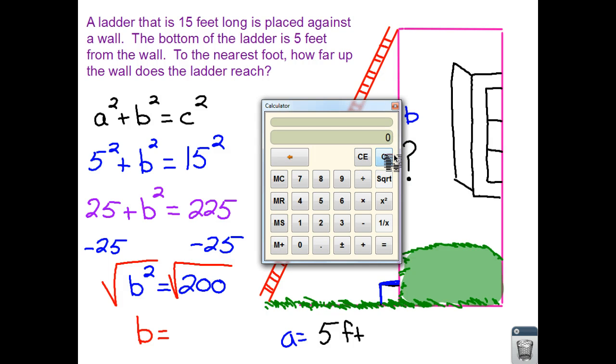All right, so if I type in 200 and we take the root of it, it says to the nearest foot. Okay, so if we need the nearest foot, we round 14.14 to 14.